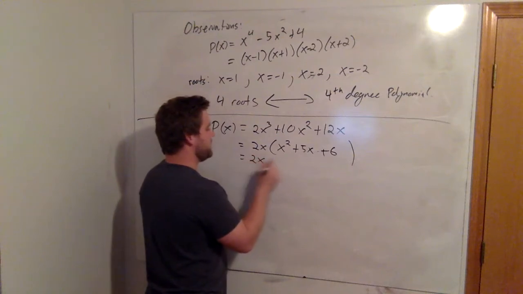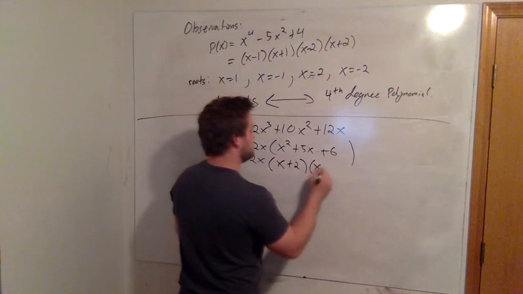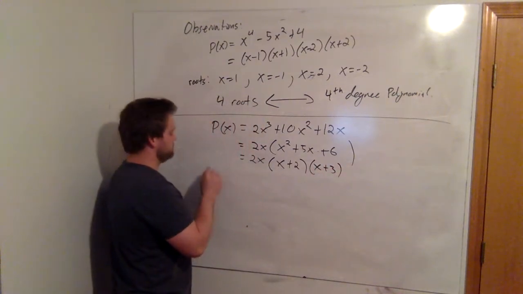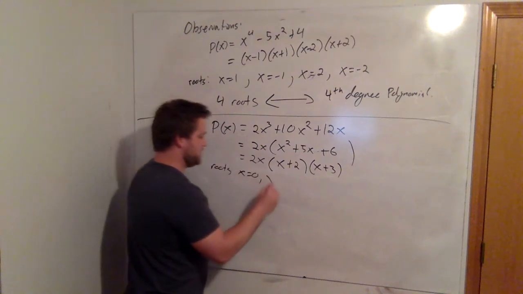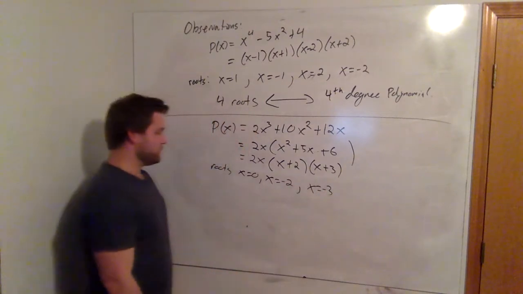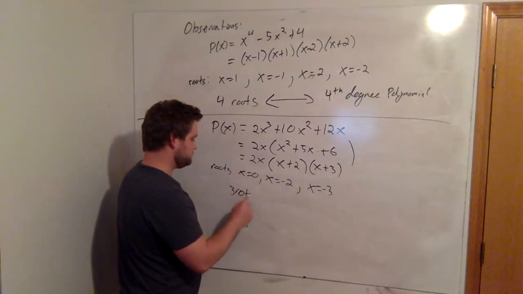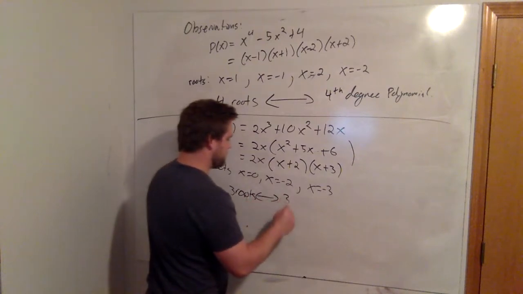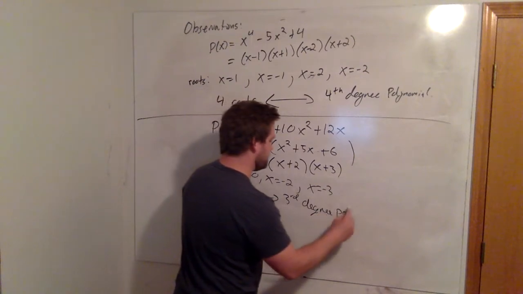This will factor to, I believe, (x plus 2)(x plus 3). So now we can see this polynomial's roots: x equals 0 is a root, x equals negative 2 is a root, and x equals negative 3 is a root. Notice that we have 3 roots, and this is a 3rd degree polynomial.